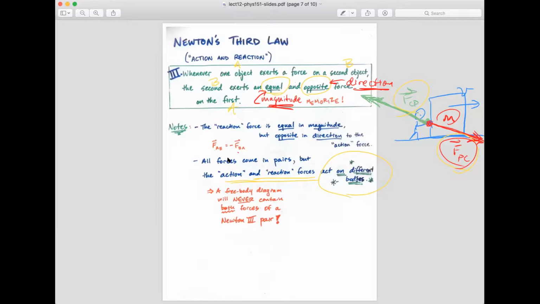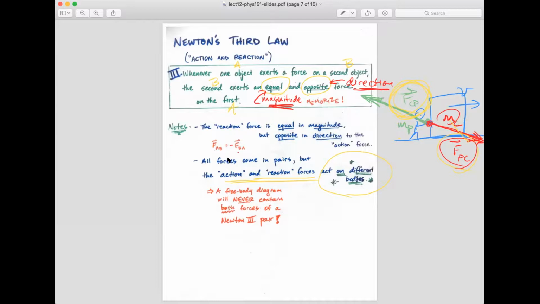But what if I were instead, in a different problem or scenario, asked to draw a free body diagram of the person? What if that person were the object of interest instead of the crate? In that case, I would only include the forces acting on the person, and that would be this F_CP, this backward force, and I would not include the forward force that's on the crate.